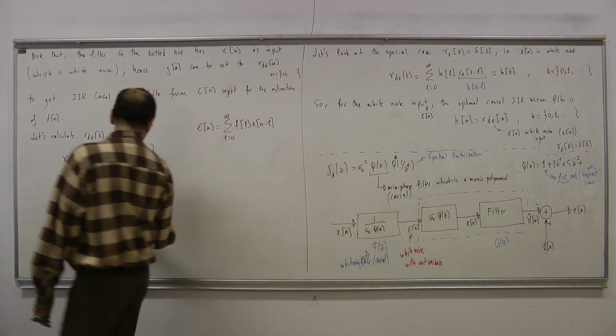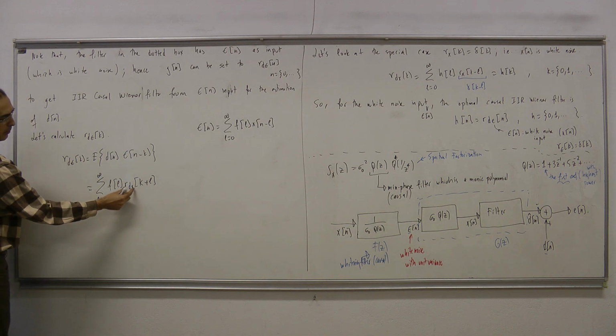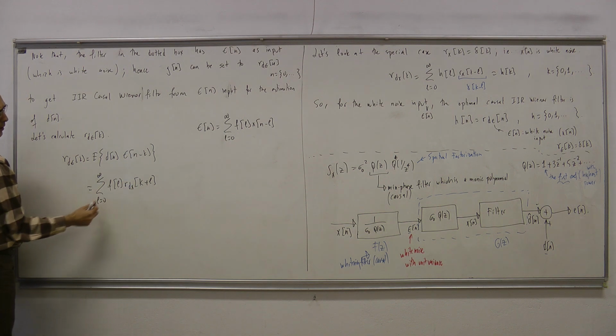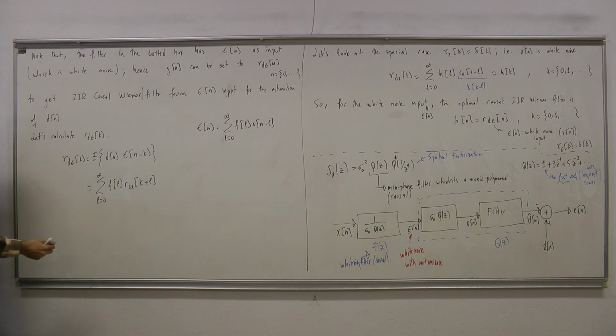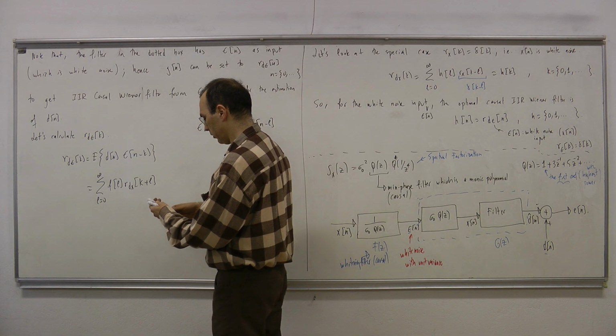Which is nice because I know r_dx of k, because at the beginning of the problem, x and d are jointly stationary. I should be able to calculate this. But let me process this a little bit further.